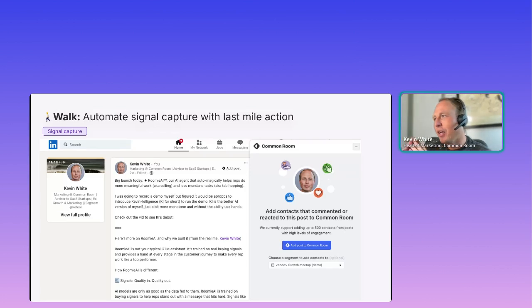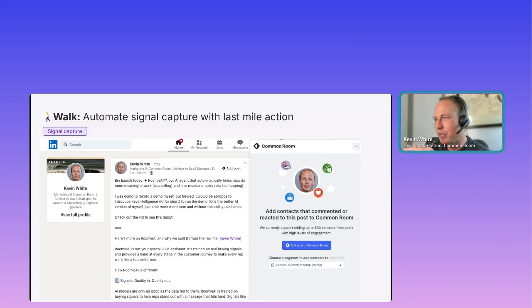For signal capture on LinkedIn, you can use tools that do the same thing I just showed manually on a LinkedIn post, except it's a Chrome plugin. You can even export a CSV of people who have engaged with any LinkedIn post. And so we can pull this into Common Room for the signal capture part, which is what I'm using for this demo.